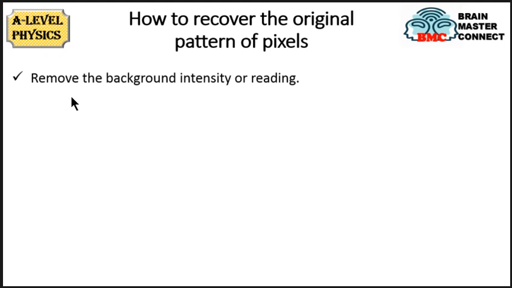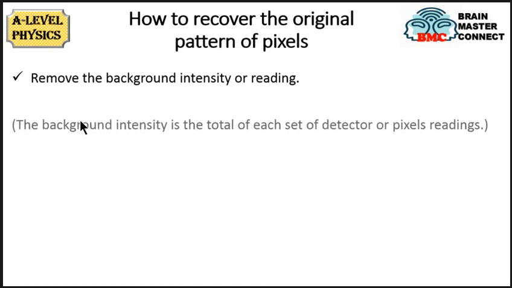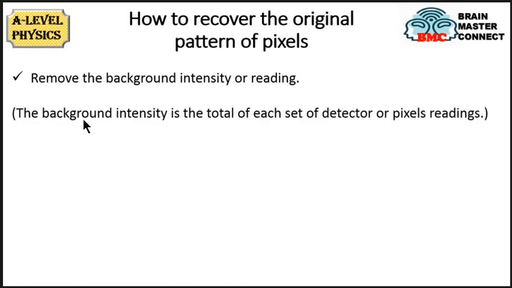Number one, remove the background intensity or reading. Background intensity or reading simply means the total of each set of detector or pixel readings. So what do I mean by that?